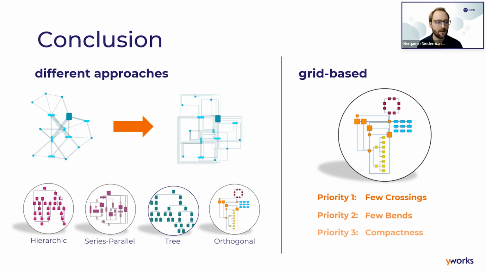And then there are also different layout algorithms that you can use that have an integrated edge routing for orthogonal edges, like the hierarchical layout, the tree layout, the series parallel layout, which I haven't mentioned before, and then the orthogonal layout that you've seen today in the webinar. Here the idea is that this is a grid-based approach that optimizes the layout in 3 steps, minimizing the crossings, minimizing the bends, but also improving the compactness.